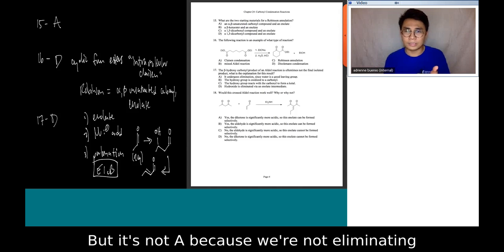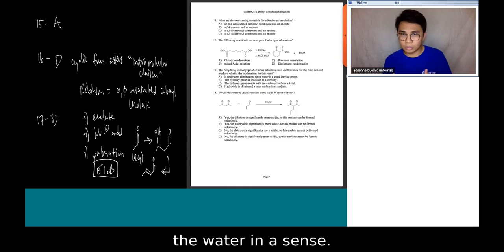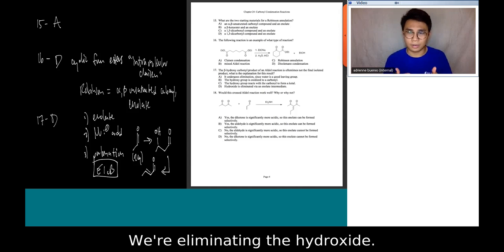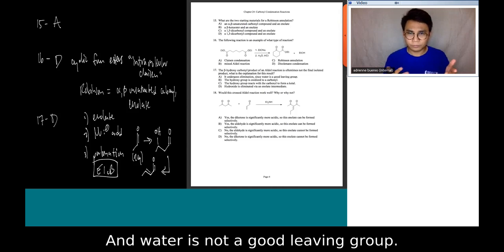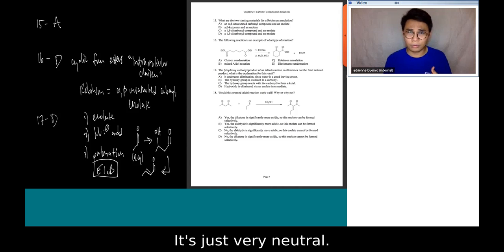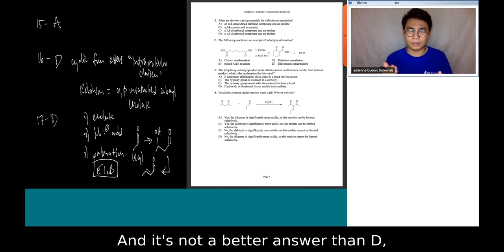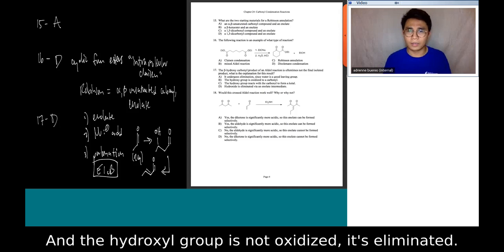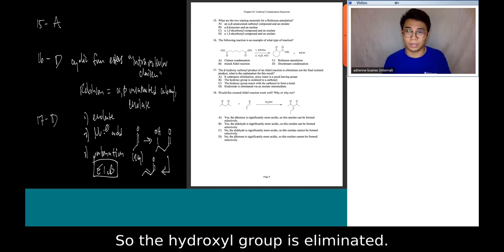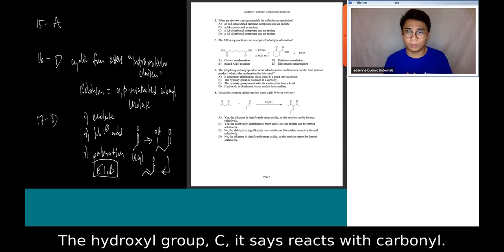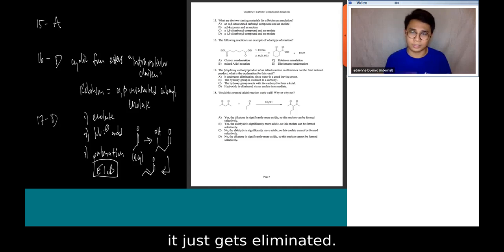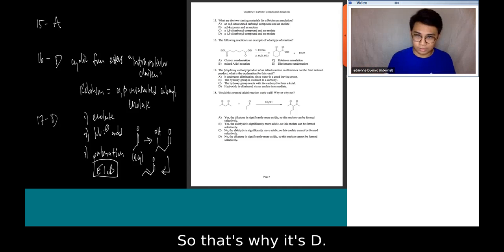It's not A because we're not eliminating the water in a sense. We're eliminating the hydroxide, and water is not a good leaving group. It's just very neutral, and it's not a better answer than D, is what I'm trying to say. And the hydroxy group is not oxidized, it's eliminated. The hydroxy group, C, it says reacts with carbonyl. It doesn't react with carbonyl to form a ketal. It just gets eliminated, right? So that's why it's D.